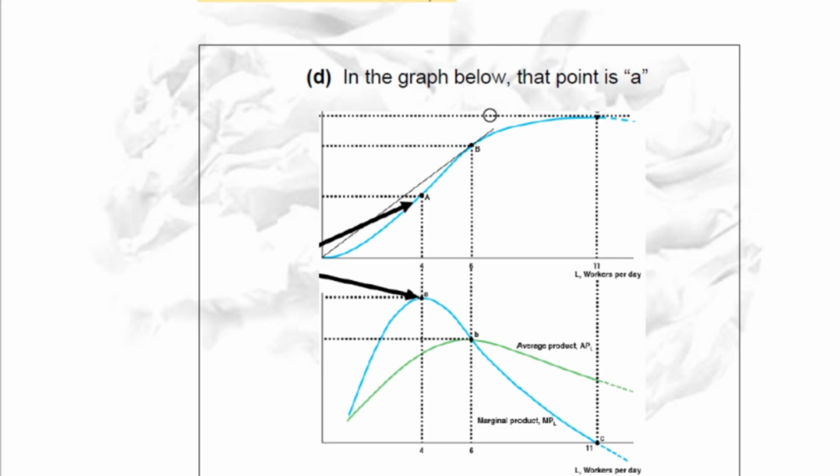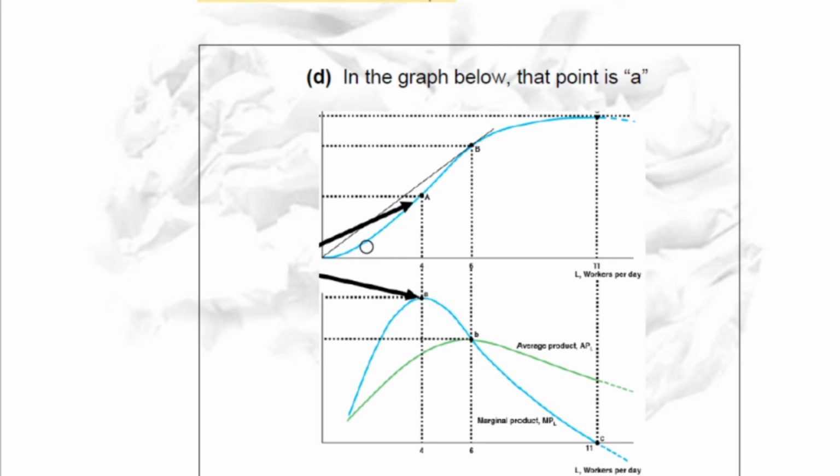We see in these graphs the production function, the marginal product and the average product, or productivity. From here we can see that the production increases, but it increases less than it did before point A. Its slope, its marginal product, is smaller from this point.